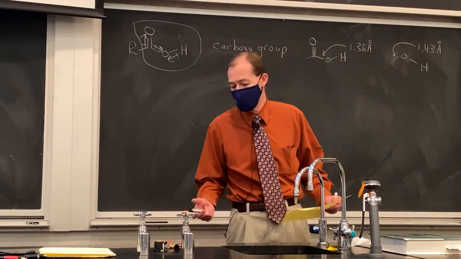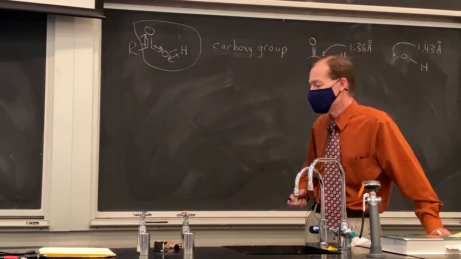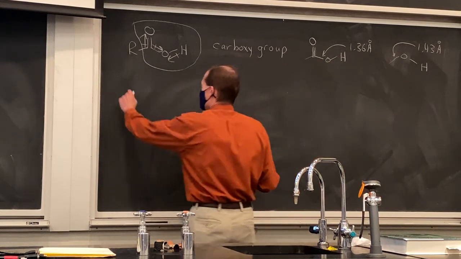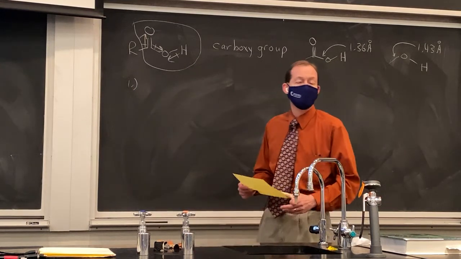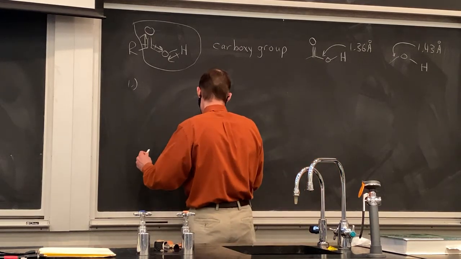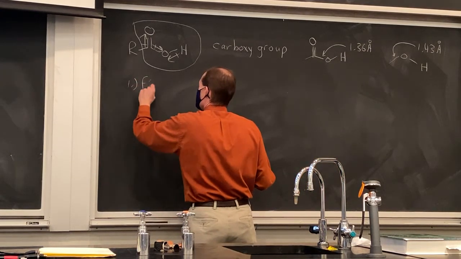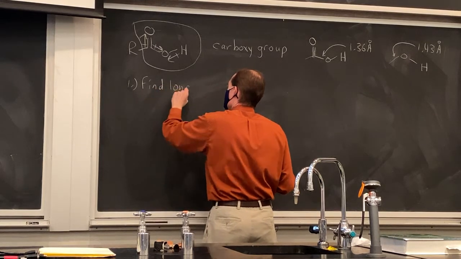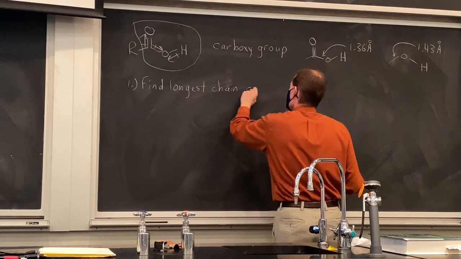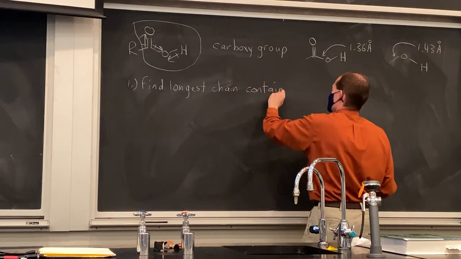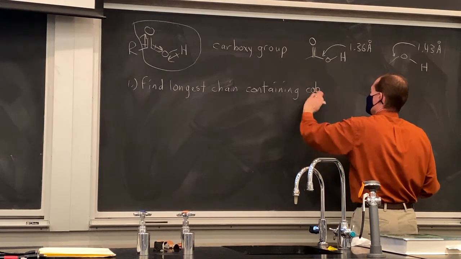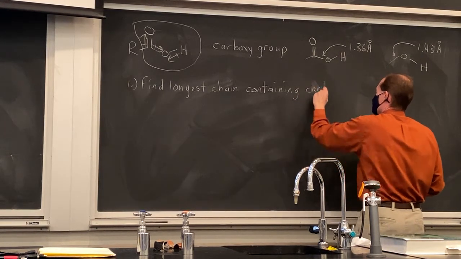We'll spend a little bit of time on the nomenclature of carboxylic acids. So there's 3 key points in regards to the nomenclature of carboxylic acids. So for acyclic carboxylic acids, we need to first find the longest chain containing the carboxy group.